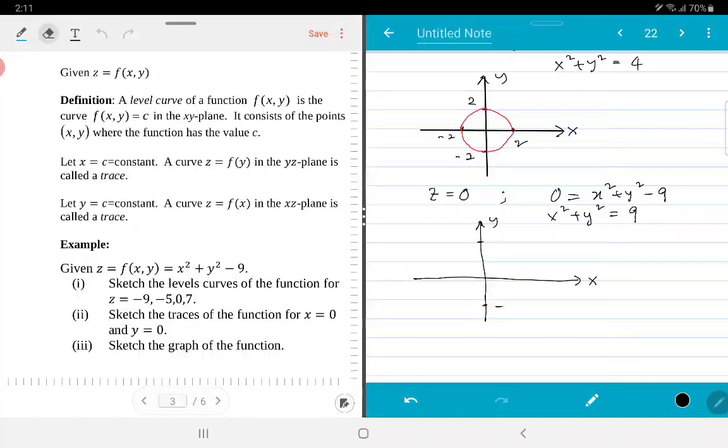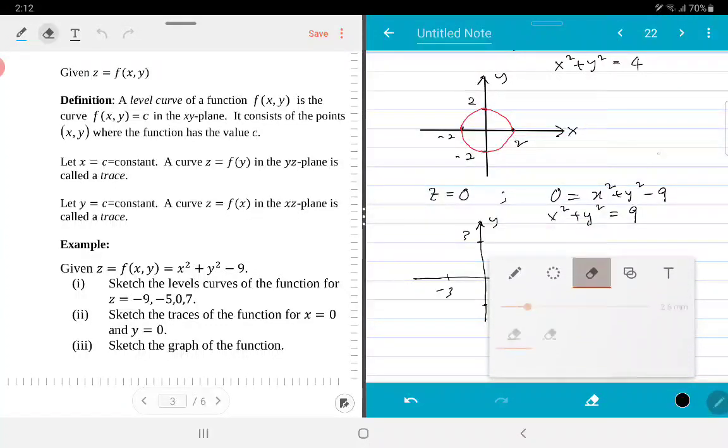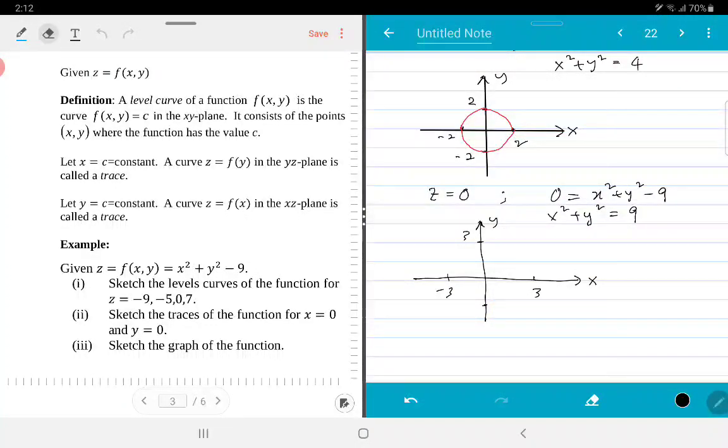So let's say that's a -3, 3, -3, 3. Now when we plot that, as you can see, we have a circle, but the circle is getting bigger. The radius is bigger.